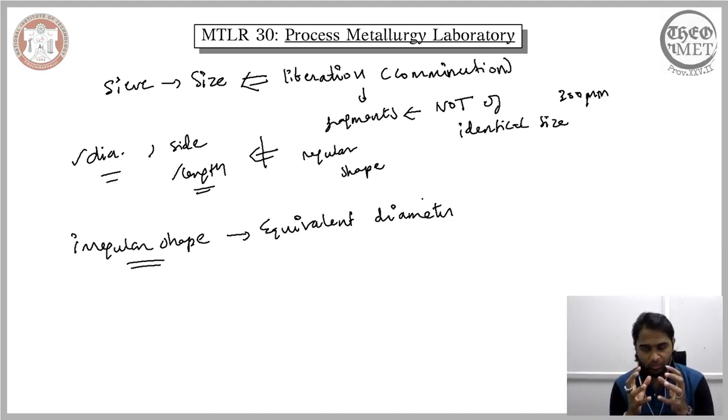What this equivalent diameter means, purely from a theoretical perspective, is how a particle behaves. When we are measuring or estimating the equivalent diameter, what you observe is how a particle moves, how the mobility of a particle is, and then you relate it to the mobility of a similar circular particle.